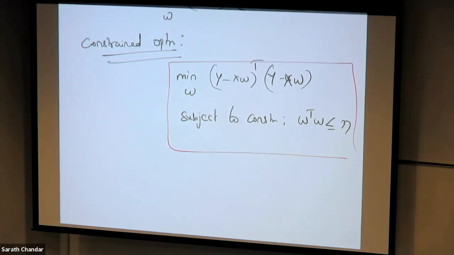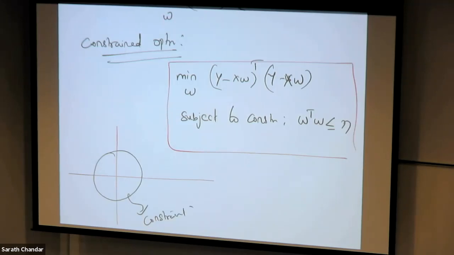So you want something which is less than eta. Or in other words, depending on how you move the eta, you are going to have this hard constraint. For example, let's say depending on my eta, this is the circle. Okay. Now this circle is my constraint.